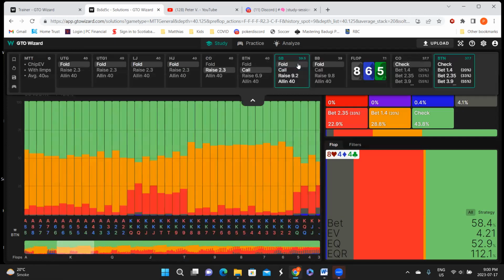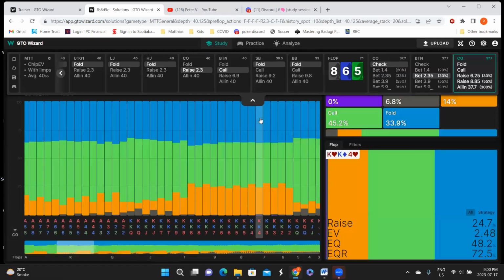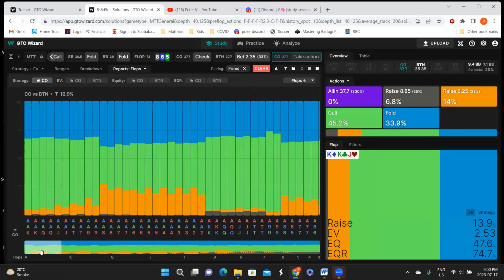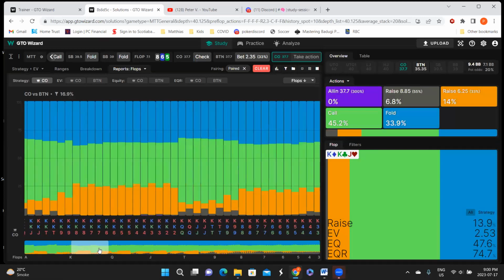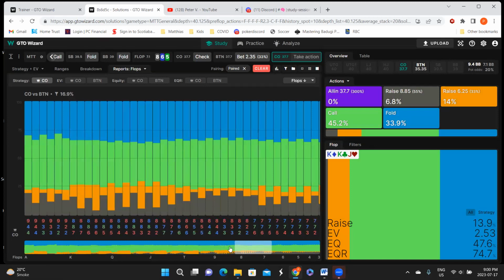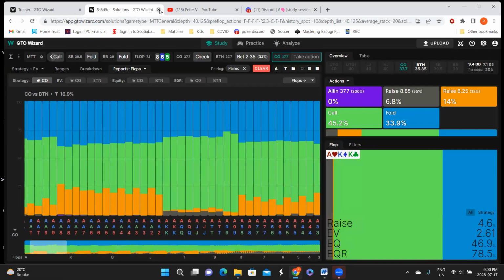And when the button takes that action, the cutoff is going to react with 33% folds, 45% calls, and 20% raises. So this is going to be fun when we do this range interaction, look at what we're check raising and why we're check raising it. And this is going to be the type of postflop play that we're going to do a lot of over the next little while.